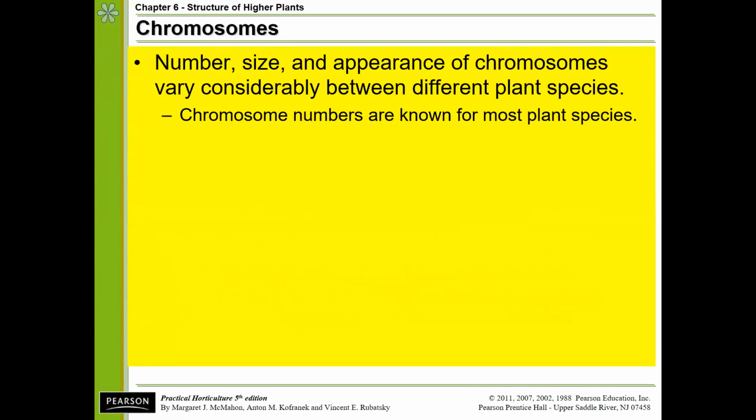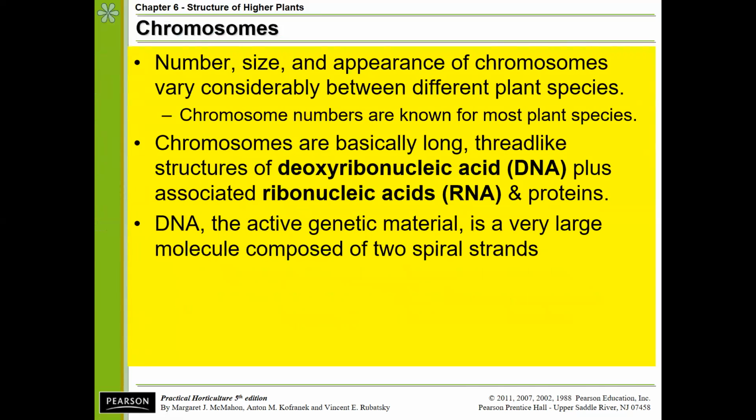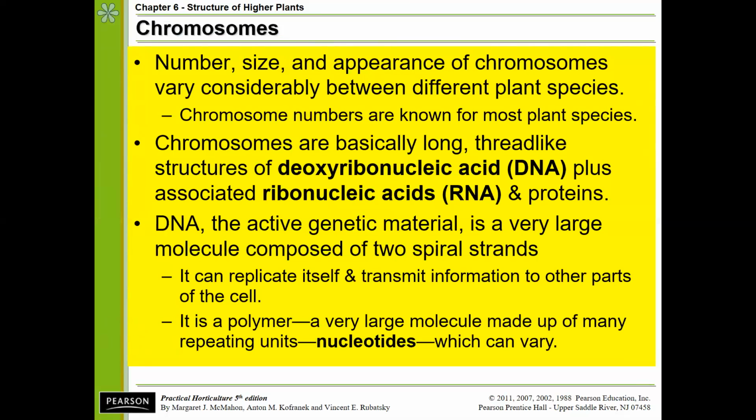The number, size, and appearance of chromosomes can vary considerably. To date, we have chromosome numbers known for most plant species. Again, chromosomes are composed of DNA and RNA and proteins, basically. And it's this active genetic material in DNA that replicates itself and transmits information to create proteins and drive life.